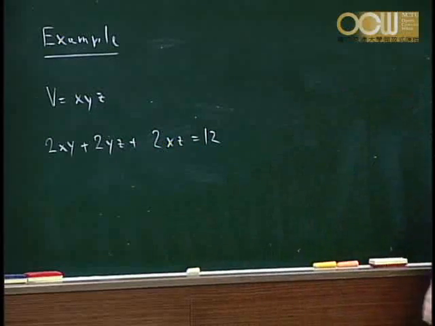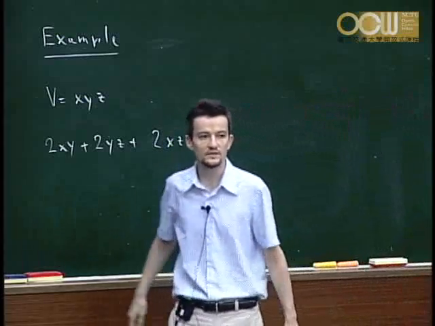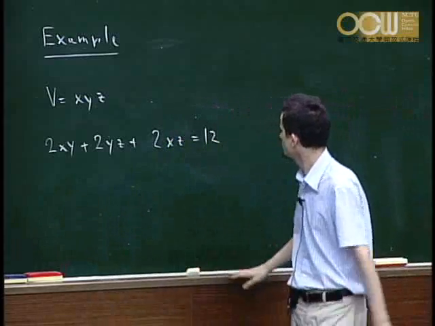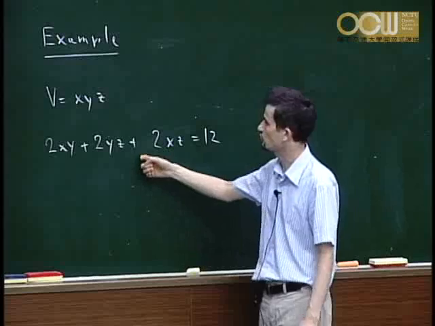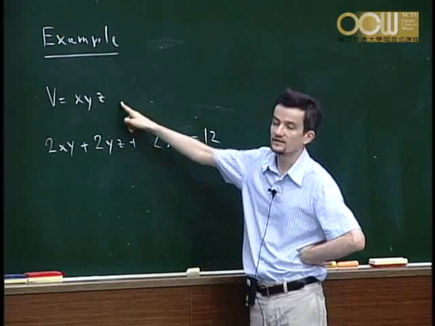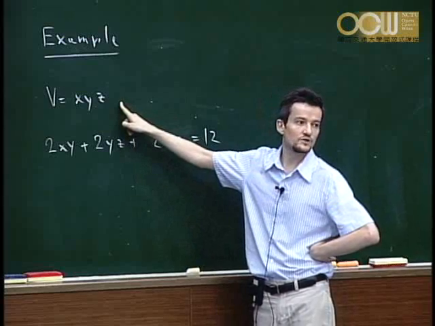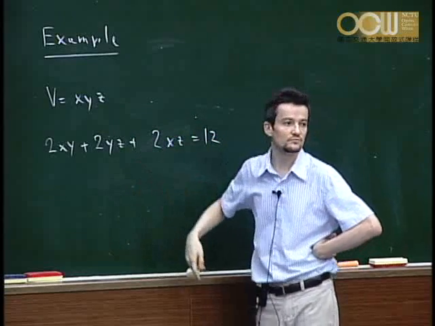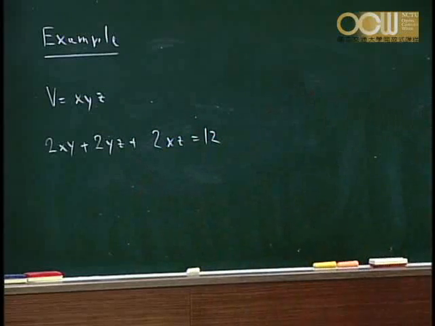Now, of course, this problem is also not too complicated, because you can say, I solve this for, for instance, z. You plug this in, and then you use just the usual method: you take partial derivatives with respect to x, then the partial derivative with respect to y, and you solve the corresponding system of equations. We have done this last time.